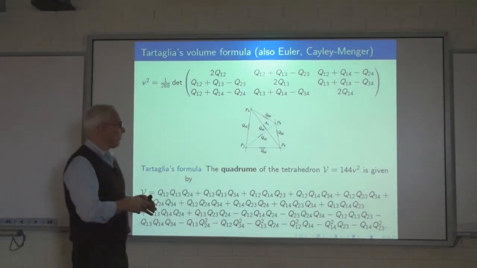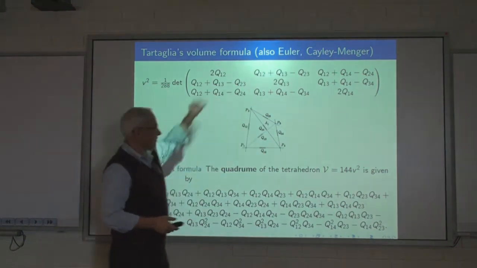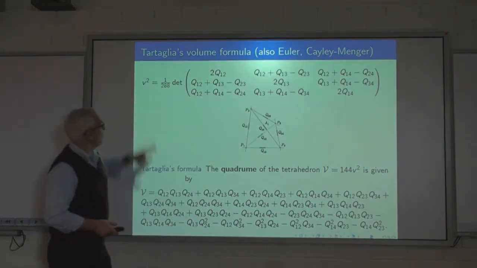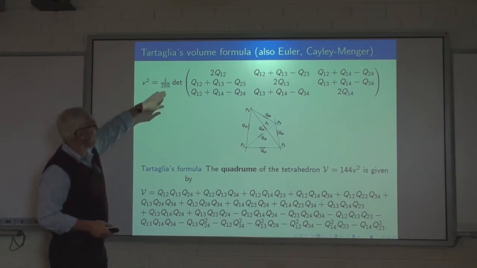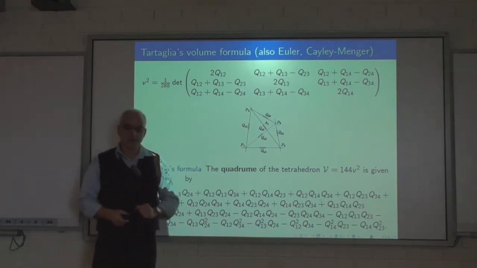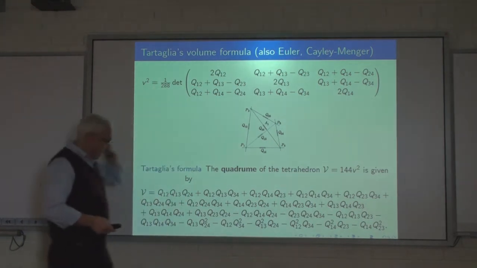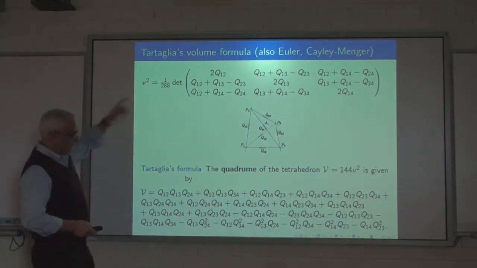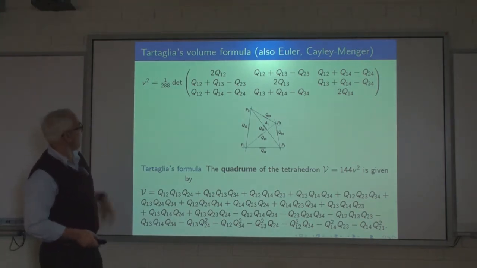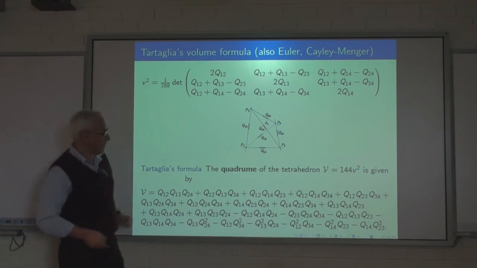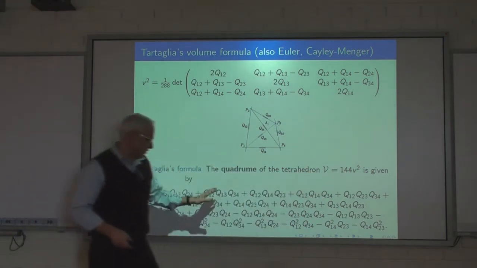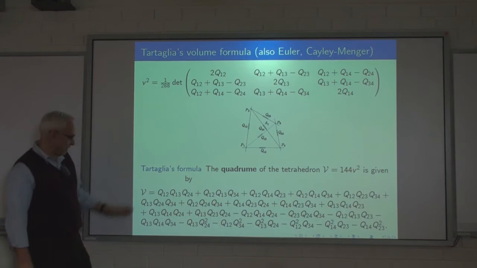The 6 quadrances determine the volume of the tetrahedron by this formula: the volume squared is 1 over 288 times this determinant. And if you expand that determinant out and multiply it by 144, then the coefficients are nicer. They're all plus or minus 1, and here they are right here.